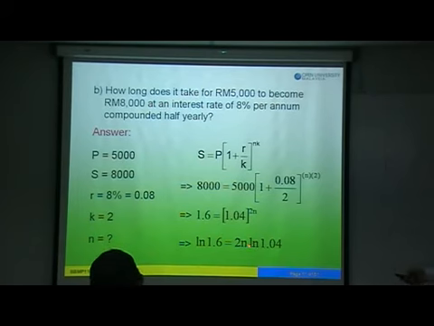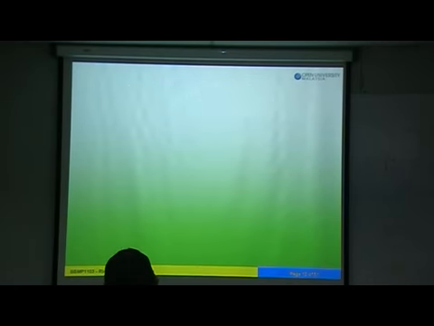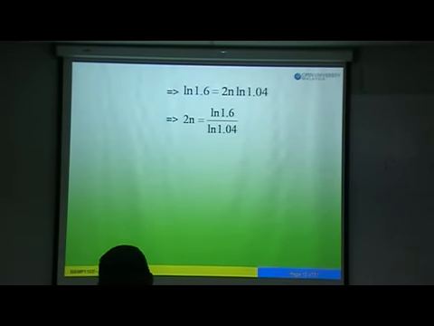When you bring it to the left, we divide. On the right hand side we have 2n, and the log 1.04 brought to the left, you divide. So you get 2n equals log 1.6 divided by log 1.04.